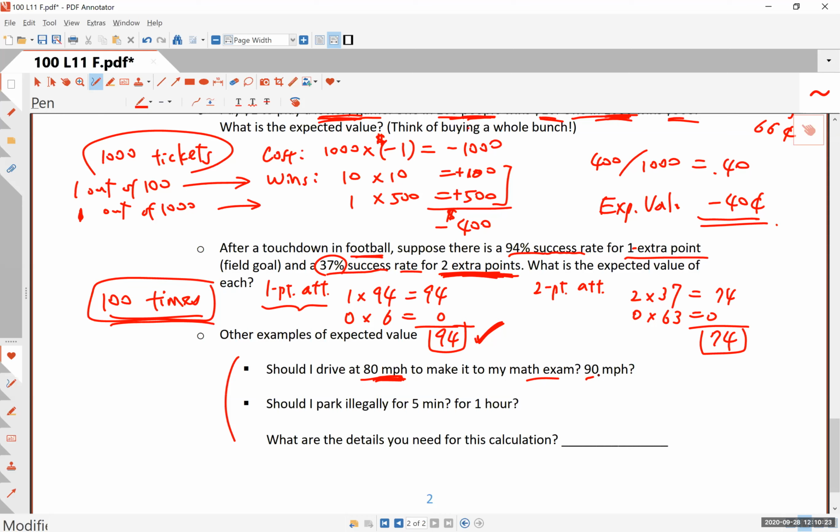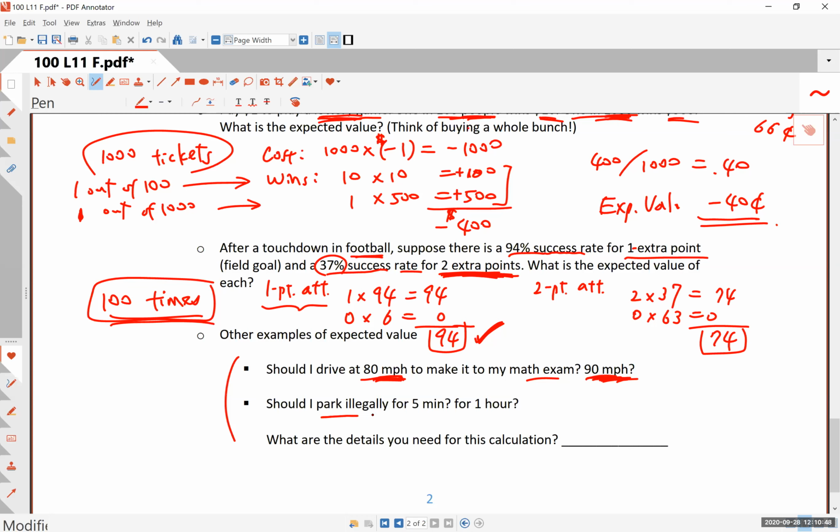How about if I drive at 90, or 100, or 110 miles an hour? Okay, that's dangerous because if you get caught, and there's a percentage chance that you get caught, the expected cost is quite high. That's going to be an expensive thing, right? So most likely you probably would not be driving at 100 miles an hour. And in fact, you should never do that, right?